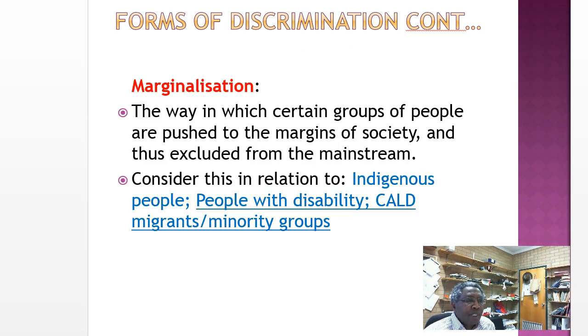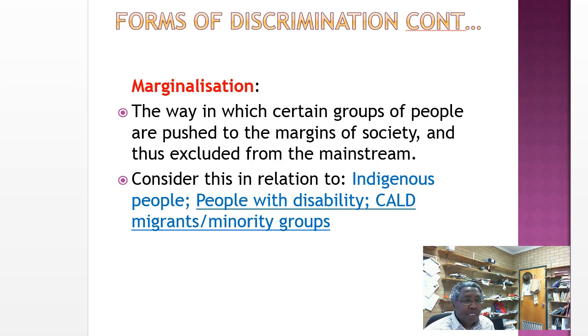Another form of discrimination is what is regarded as marginalization, and that is how particular groups of people become marginalized from the mainstream, and therefore they are excluded. We've got good examples of indigenous people around the world.